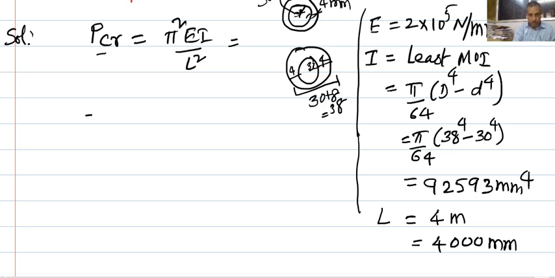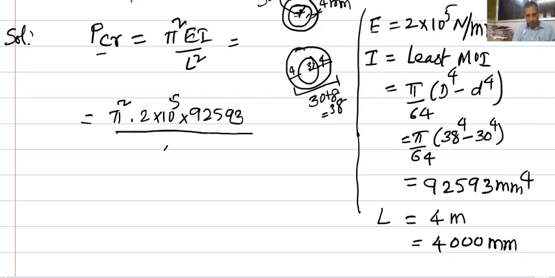So, PCR is equal to pi square into E, which is 2 into 10 power 5, into I, which is 92593 millimeter power 4, by 4000 millimeter square. So, what I get is 7722 Newton. So, this is PCR, this is the crippling load.